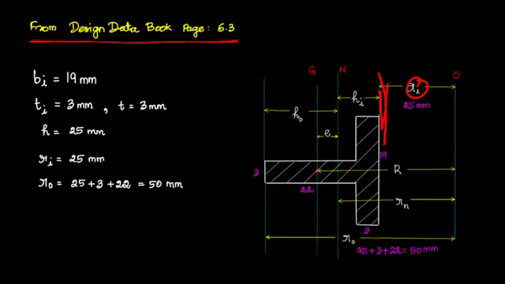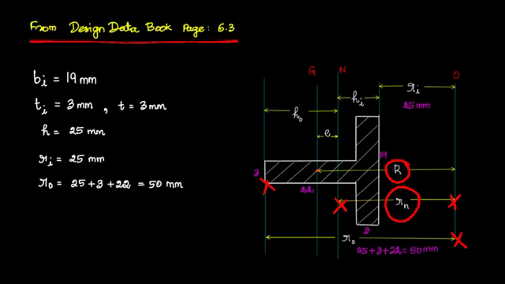So Ri is the distance between the center of curvature and the inner fiber. Ro is the distance between the center of curvature O and the outer fiber. Rn is the distance between the center of curvature and the neutral axis, and R is the mean radius, which is nothing but the distance between the center of curvature and the centroidal axis.